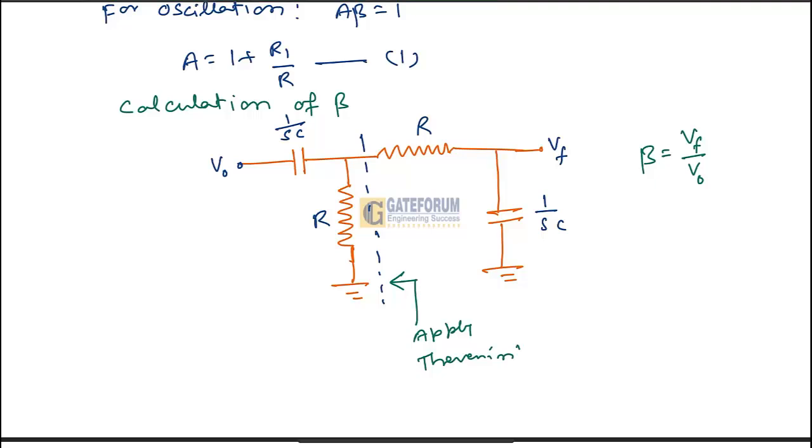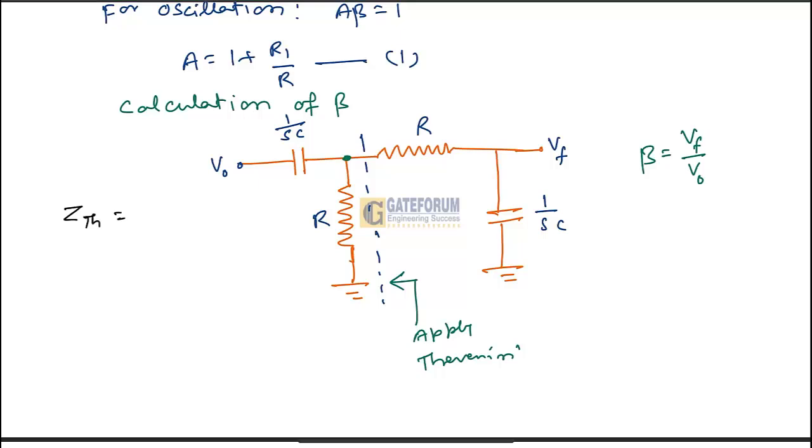Here we need to find the voltage across this node point, that is, the voltage across this R will be the Thevenin voltage, and whenever we short this V0, we can find the impedance. So we calculate this ZTH, which is called the Thevenin impedance.